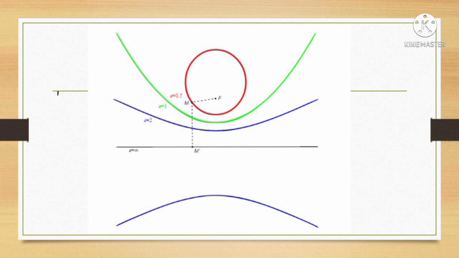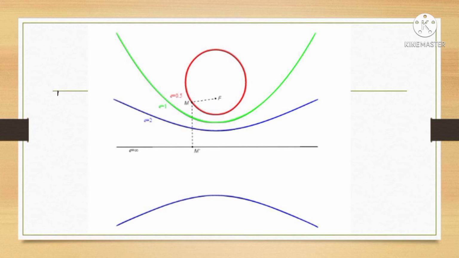A parabola in green with the required eccentricity of 1, and a hyperbola in blue with an example eccentricity of 2. It also shows one of the degenerate hyperbola cases, the straight black line corresponding to infinite eccentricity.